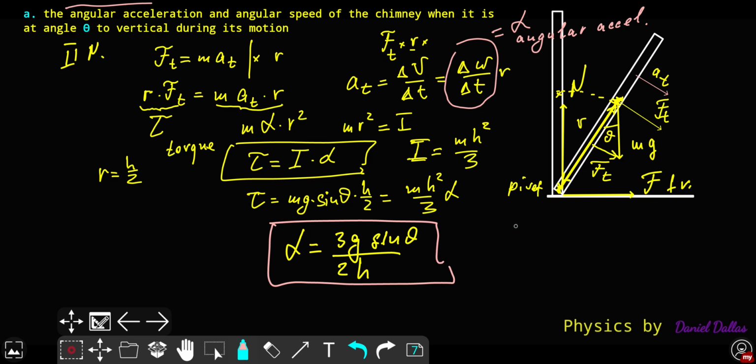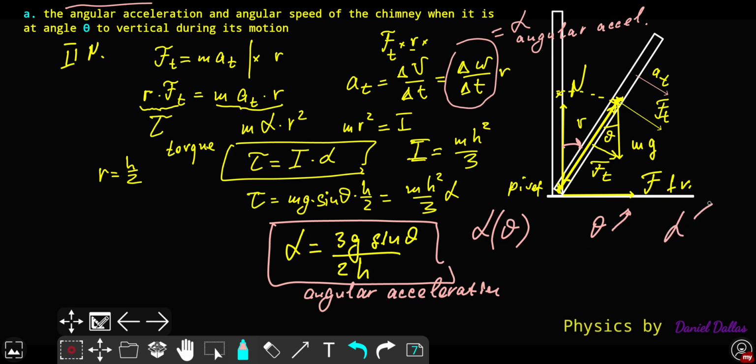And again, let's analyze the dependency on the angle. So alpha, angular acceleration, from the angle. The more theta here, that's the angle theta, the more alpha. And as we are supposed to have, right?